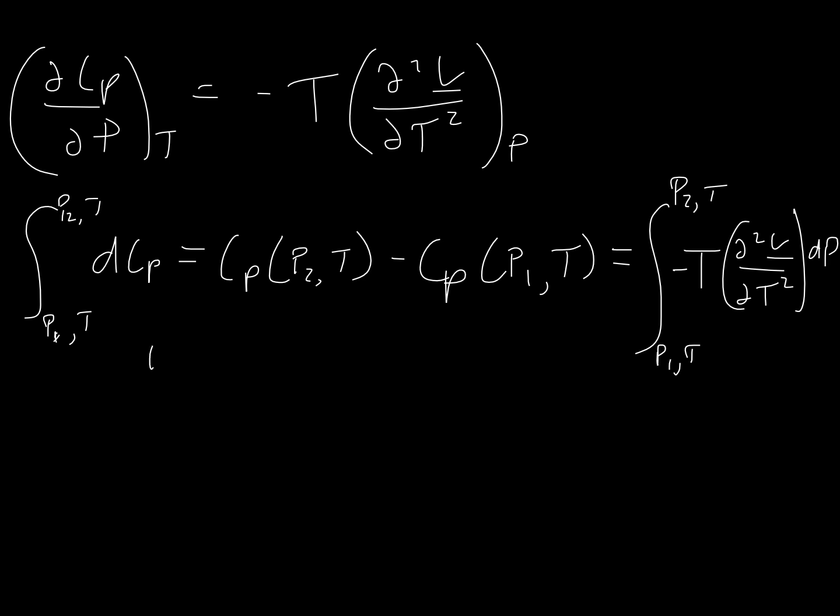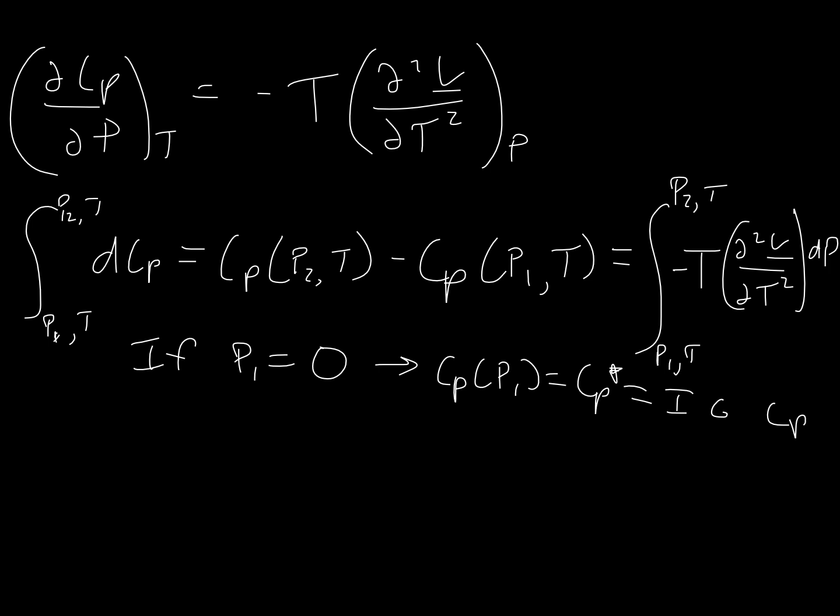So if P1 is equal to 0, then C sub P of P1 is equal to C sub P star, which is equal to the ideal gas heat capacity.